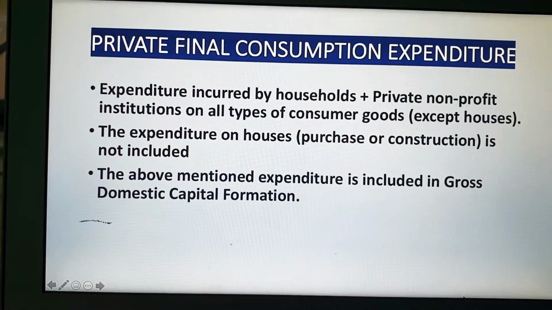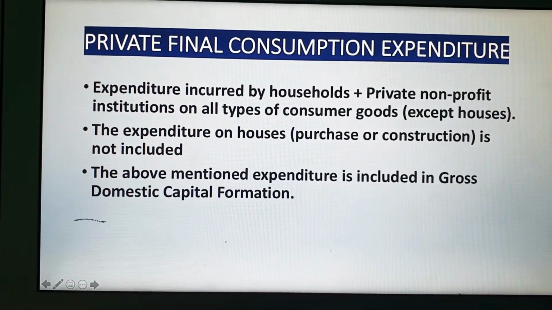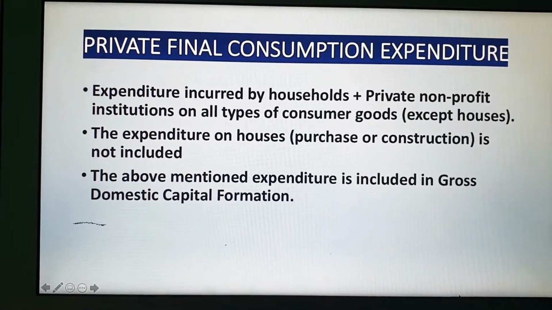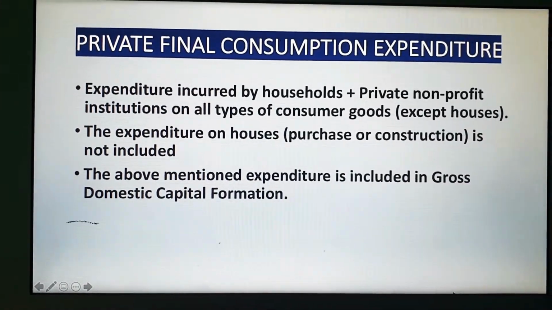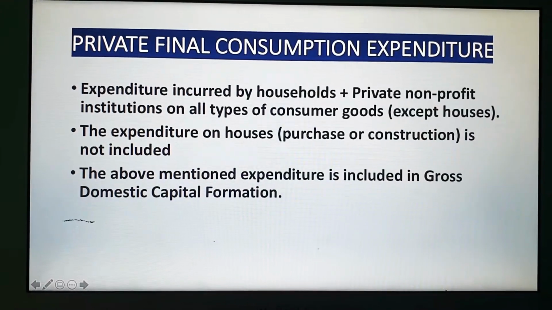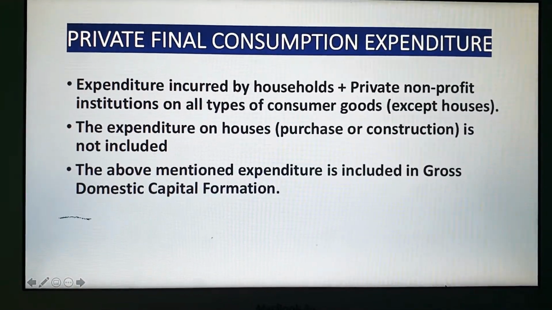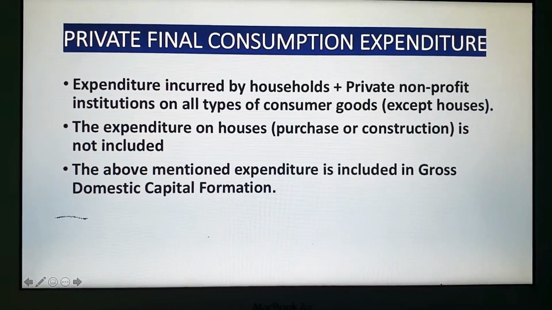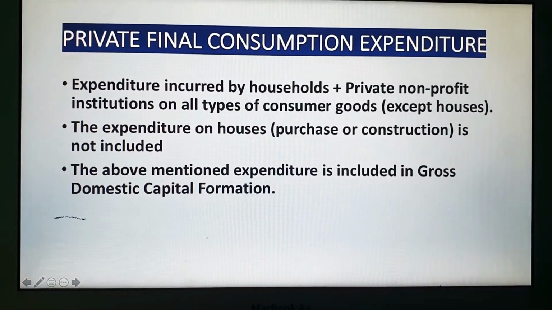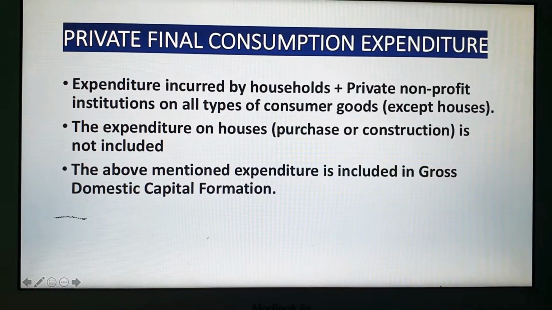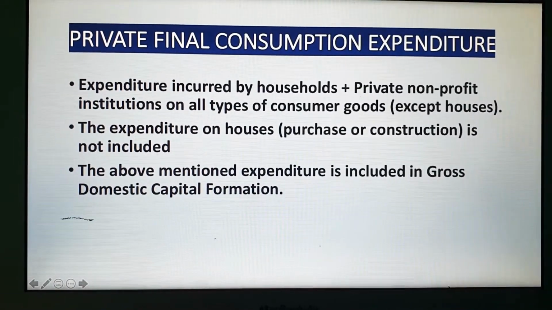If I talk about the private final consumption expenditure, it is the expenditure incurred by households and some private non-profit institutions on all types of consumer goods. When we say consumer goods, we include every type of product, like durable, semi-durable, non-durable.